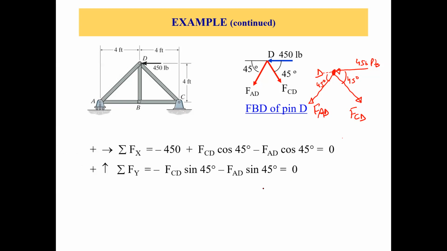Now, just apply sigma Fx equals 0 and sigma Fy equals 0 with the sign convention as shown. Let's talk about sigma Fx first. If you take sigma Fx equals 0, then you have 3 forces. 450 pounds force, which is negative because it's going in the negative x direction. Then you have the x component of FAD, FAD cosine 45, which is again negative because it's going in the negative x direction.